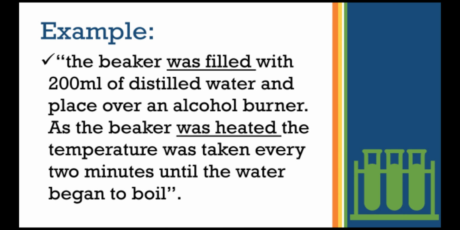For example, the beaker was filled with 200 ml of distilled water and placed over an alcohol burner. As the beaker was heated, the temperature was taken every 2 minutes until the water began to boil. As you can notice, the underlined words are in past tense form: was filled and was heated.